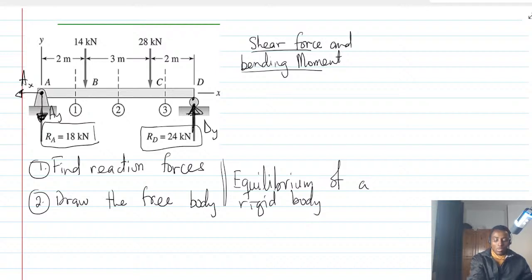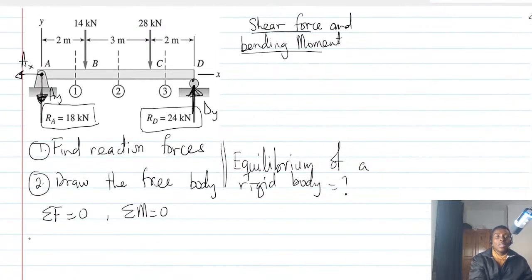What are the conditions for a rigid body to be in equilibrium? Summation of force is 0, and summation of moment is 0. Starting with the summation of force along the x, every force in this direction should be 0.